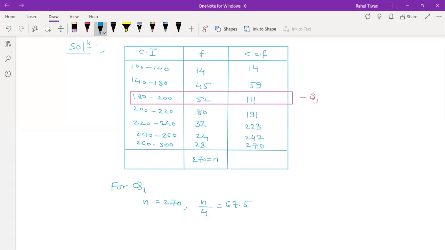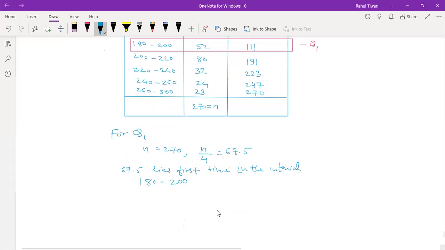Therefore we have a class interval. I can write it like this: 67.5 lies first time in the interval. What is the interval? 180 to 200.